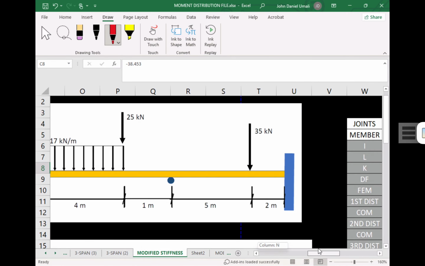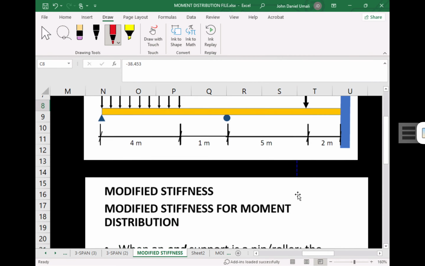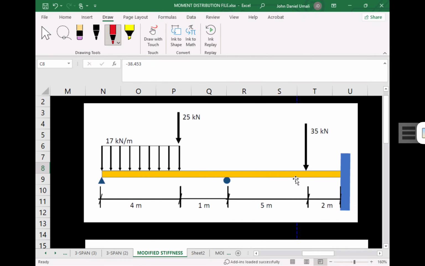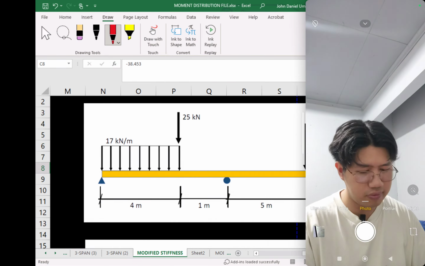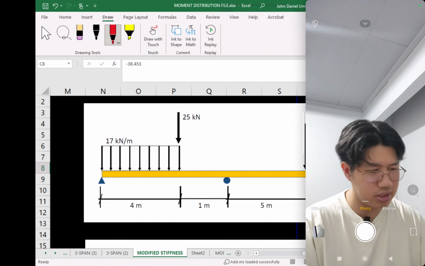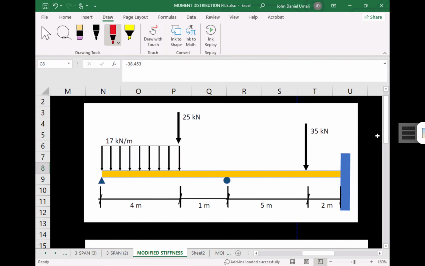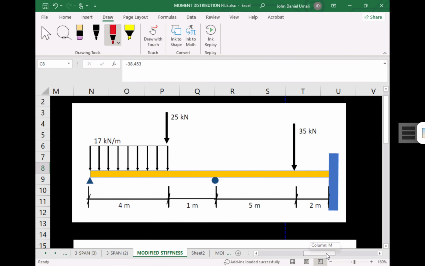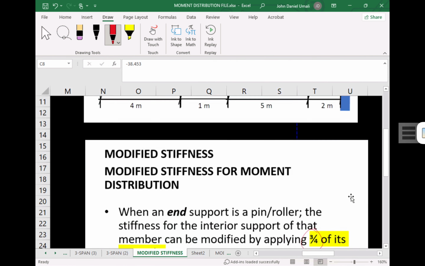So in this case, can we apply the modified stiffness? Yun yung tanong natin ngayon. So, can we apply the modified stiffness? Ang sagot is yes.